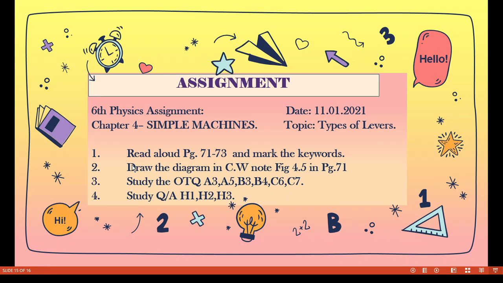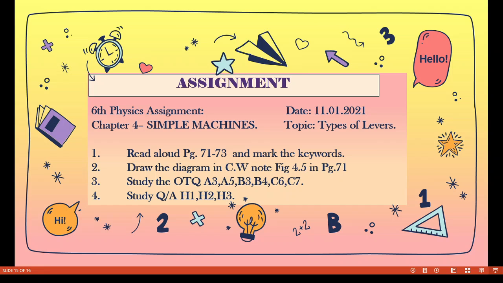All of you must draw the diagram, figure 4.5, page number 71, in your class note. And then you have to study the OTQ. What do you mean by OTQ? Objective type questions. A3, A5, P3, P4, C6 and C7. And you have to study the question and answers H1, H2 and H3. So these are the assignments.